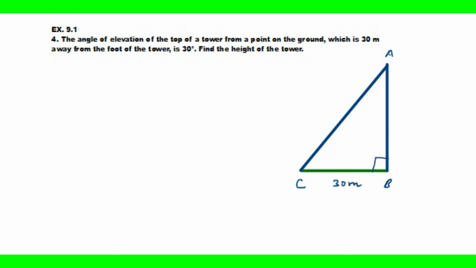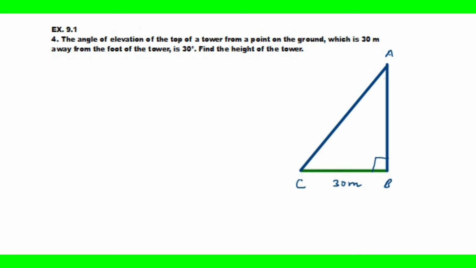Again, go through the question. Angle of elevation of the top of the tower from the point on the ground. So from this point to the top, this is the line of sight.